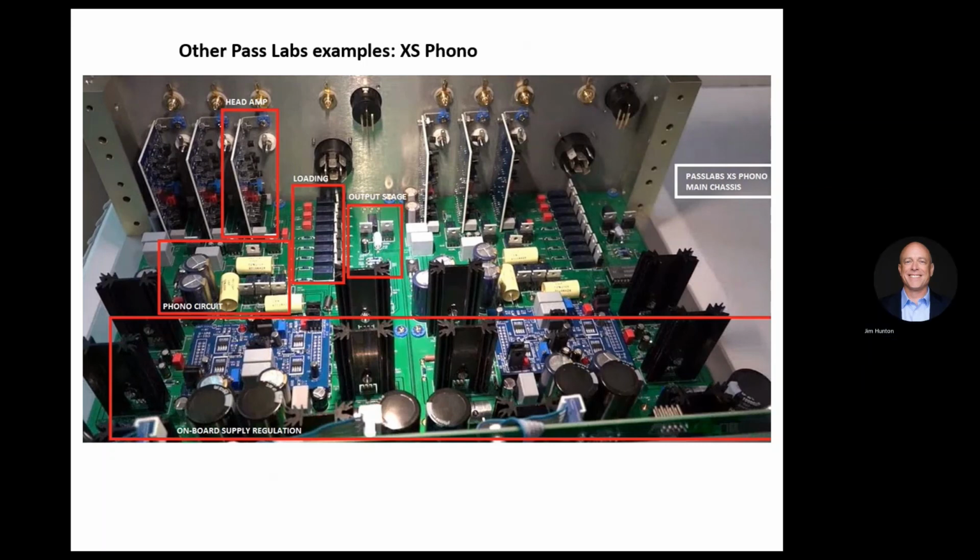The layout is okay, not stellar. Parts, you would expect better parts at this price range. I'm not sure what this is, but that looks like a commercial part in the power supply. There are regulators here, there's digital here.